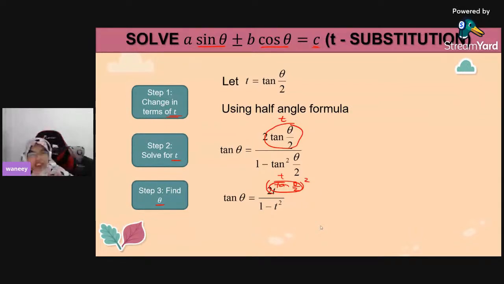But in our question, we actually have a sine as well as a cos. So how can we use tangent theta to get the value for the sine as well as the cos? Of course, if you remember what we learned in the first lecture, if we have something like this as the ratio, you have to draw your right angle triangle, and then you need to check where is the adjacent, where is the opposite, and what is the value for the hypotenuse as well.